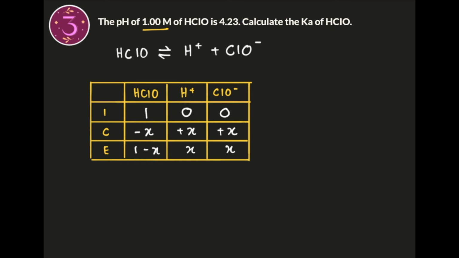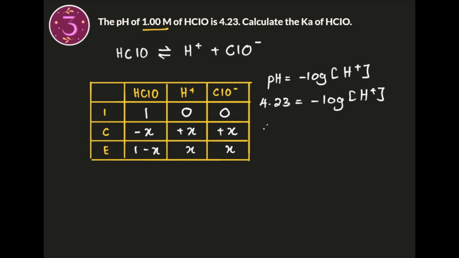Given to you is the pH. So the pH at equilibrium is such. pH is equivalent to negative log concentration of H plus, right? So if 4.23 is the pH, it is equivalent to negative log H plus.